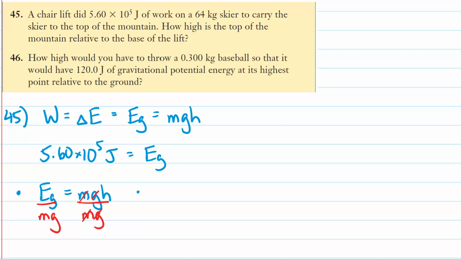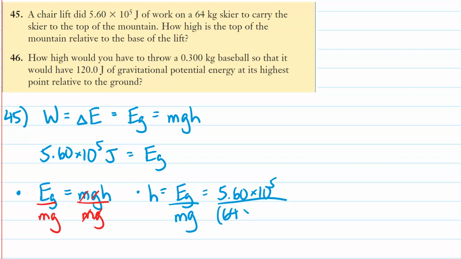So we know that h equals Eg divided by m times g. We have Eg is 5.6 times 10 to the 5 joules. m is the mass, which is 64 kilograms. We multiply that by gravitational acceleration on Earth, 9.81.